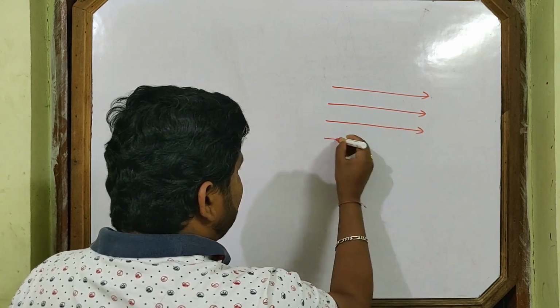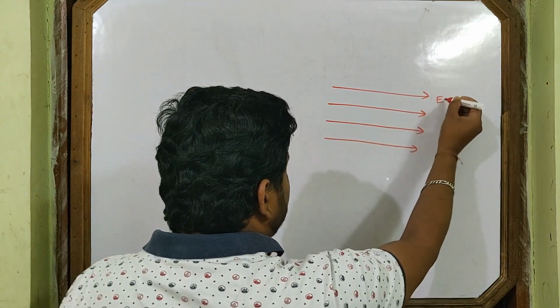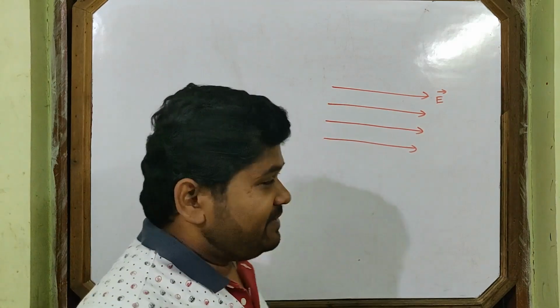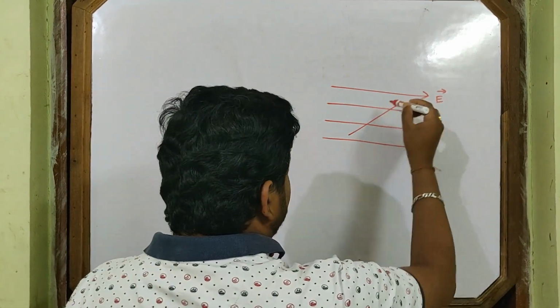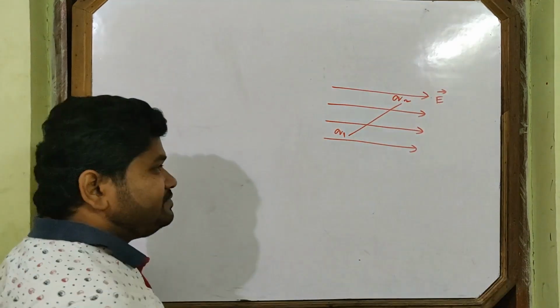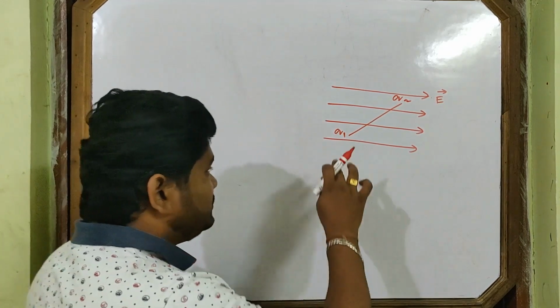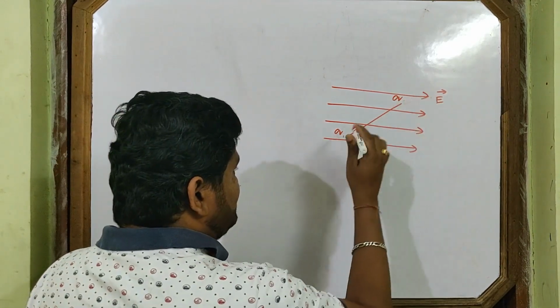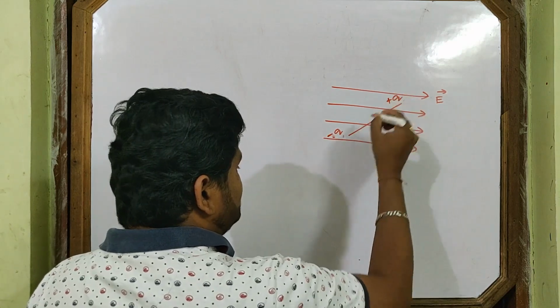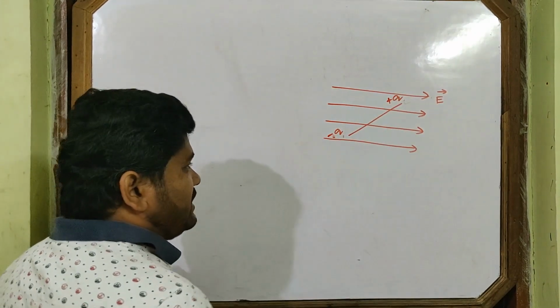This is a uniform electric field of intensity E. See, this is the uniform electric field. It's a dipole, so plus and minus Q: this one is minus Q and this one is plus Q.